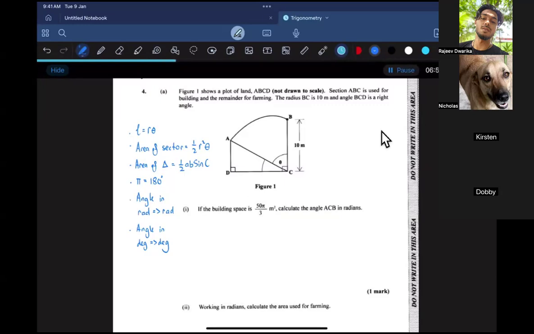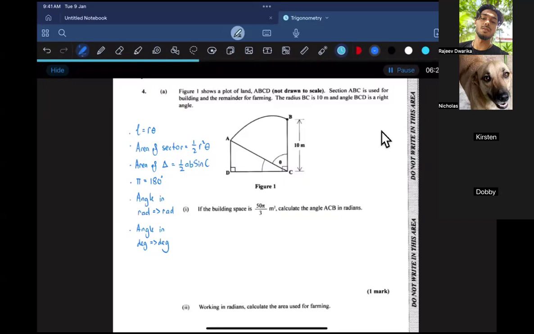And in part one, they tell you the building space is 50 pi over 3 meters squared. So what did they give you there? They give you the area of the building space. They don't want you to find the area of the farming space, that's not what they want you to find in part one.